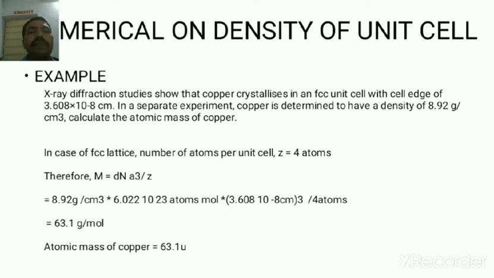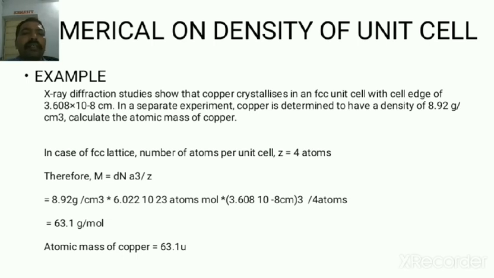Here the arrangement is FCC. Number of atoms per unit cell Z is equal to 4. We have to calculate atomic mass. Atomic mass is equal to density into Avogadro's number into a cube divided by Z. Density is given, 8.92 gram per centimeter cube, into Avogadro's number 6.023 into 10 raised to power 23 atoms per mole, into edge length.